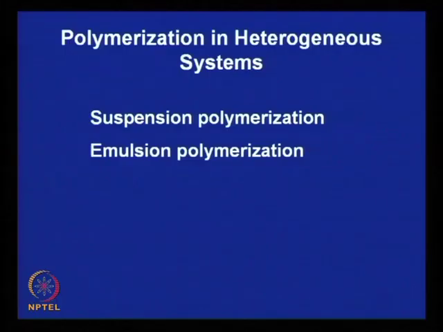In order to overcome the problems encountered during the synthesis of polymer by bulk technique or solution technique, even in both of those cases there are problems, the suspension polymerization or emulsion polymerization techniques are followed, which are heterogeneous in nature from the very beginning of polymerization, because the monomer which is taken here is not soluble in the polymerization medium.